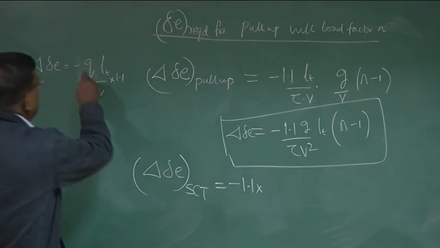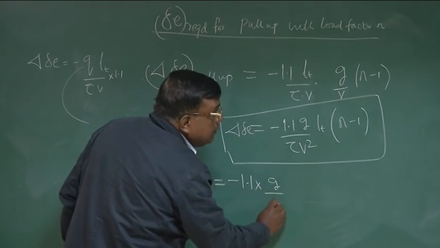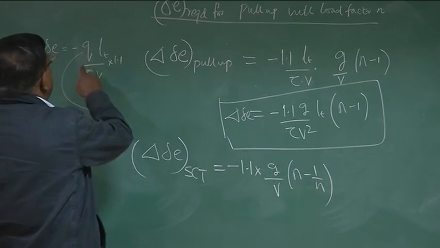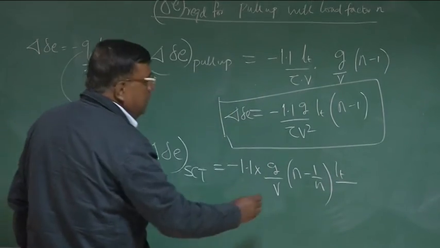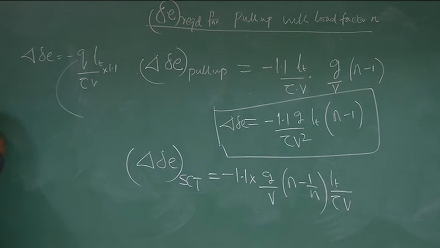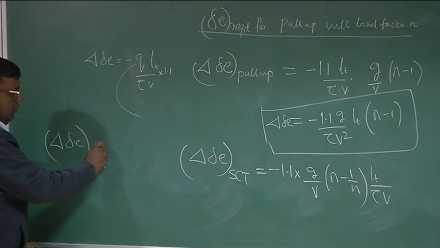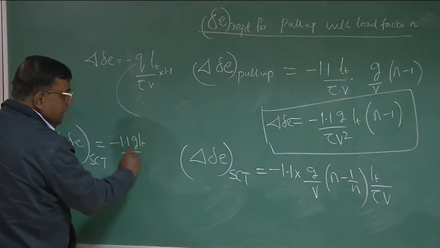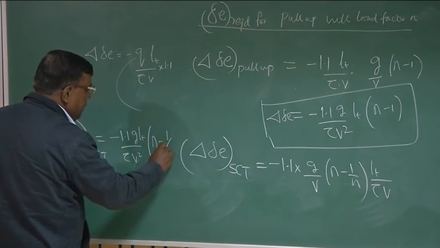Now for q, I should take the expression for steady coordinated turn, which is g by v into n minus 1 by n. So minus 1.1 into q into Lt divided by tau into v. So delta delta E for SCT equals minus 1.1 g Lt by tau v square into n minus 1 by n.